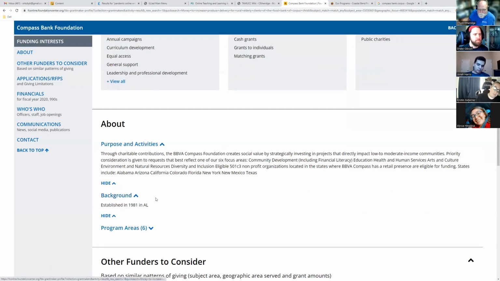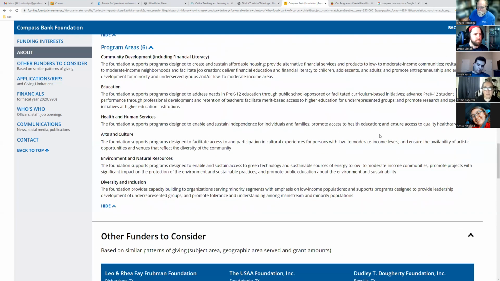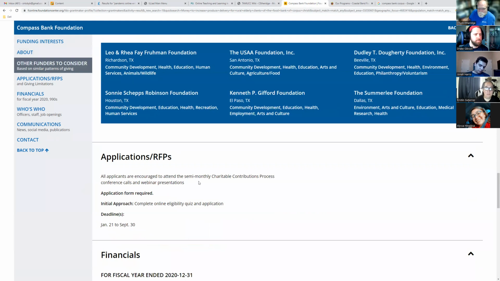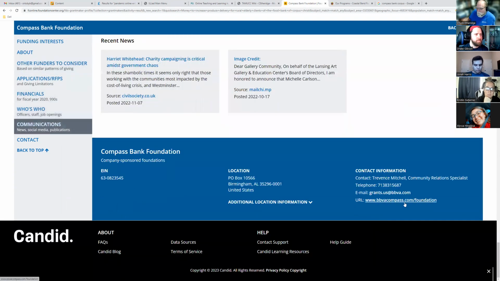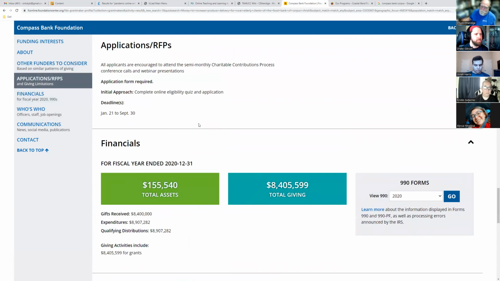So we got background, program areas. Health education, access to health care. Pretty good. Applicants are encouraged to send me monthly charitable contribution process, conference calls and webinars, complete eligibility quiz and online application. The eligibility quiz is going to be pretty standard. Are you a nonprofit?